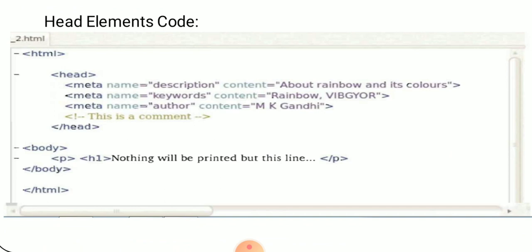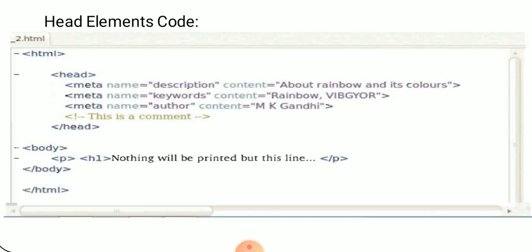Finish your tag here. Then I write meta name equals "keywords", content equals "rainbow VIBGYOR", and the tag is closed.